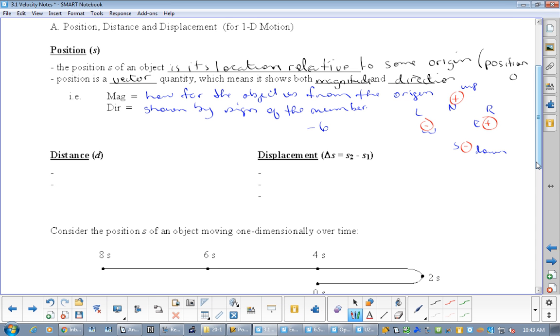Now, we're always going to talk about distance versus displacement. Distance is scalar. This is the length traveled by the object. Distance is always positive.